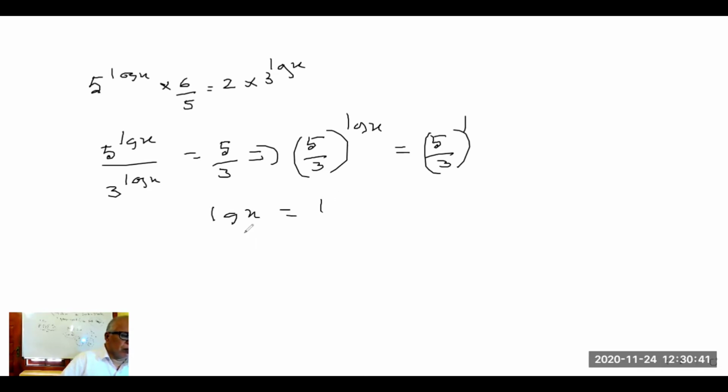That is, log x to the base 10 is equal to 1. x is equal to 10 raised to 1 is equal to 10, and that is the answer.